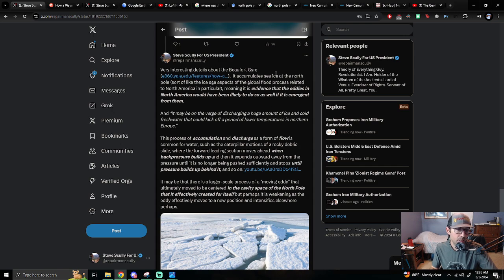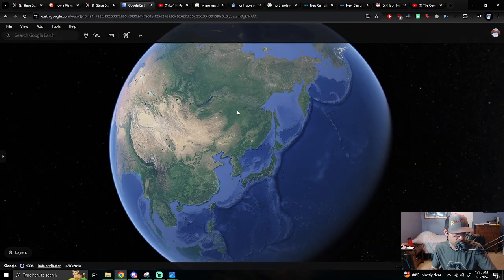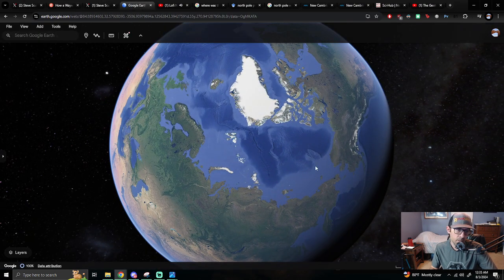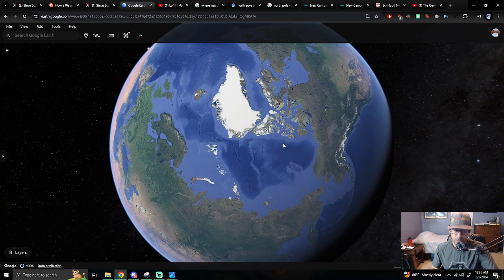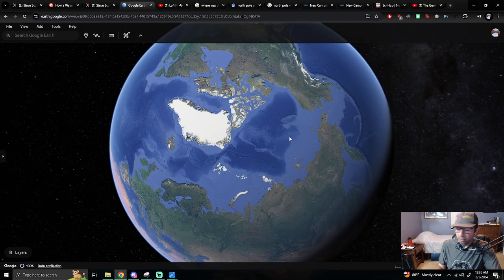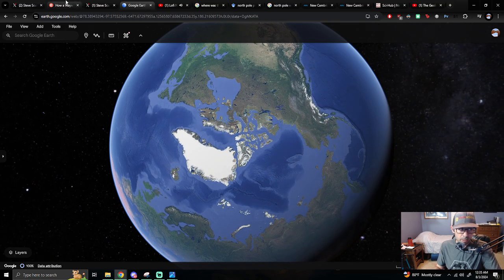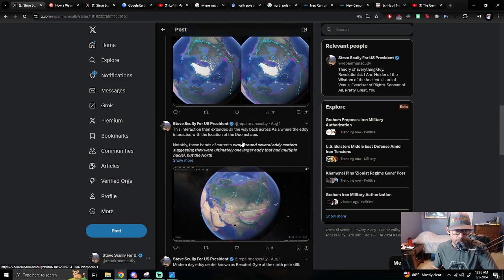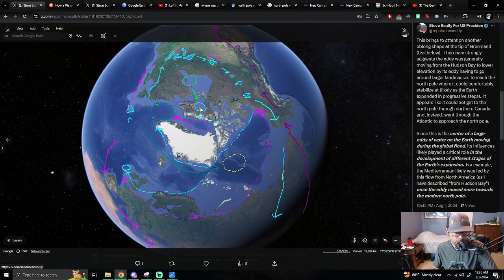It accumulates sea ice at the North Pole, sort of like the Ice Age aspects of the global flood process related to North America in particular. So imagine there's an eddy that ends up over here at the North Pole from the global flood that even today is still present. And it followed some path of this nature to go to the North Pole for the eddy's center, and then it generally died off in terms of not being on top of the surface of the continental crust.